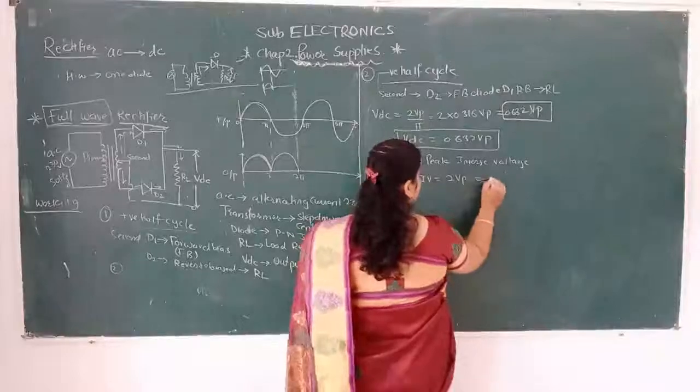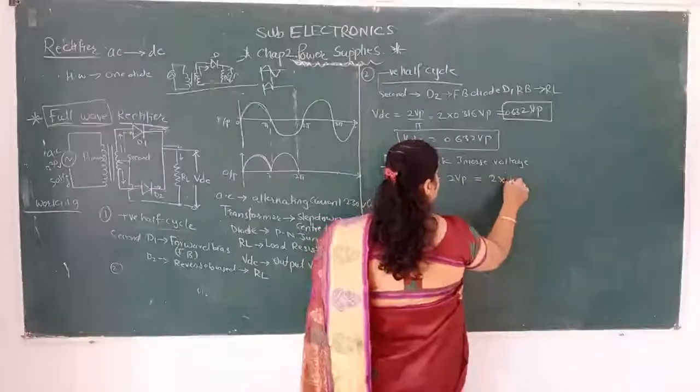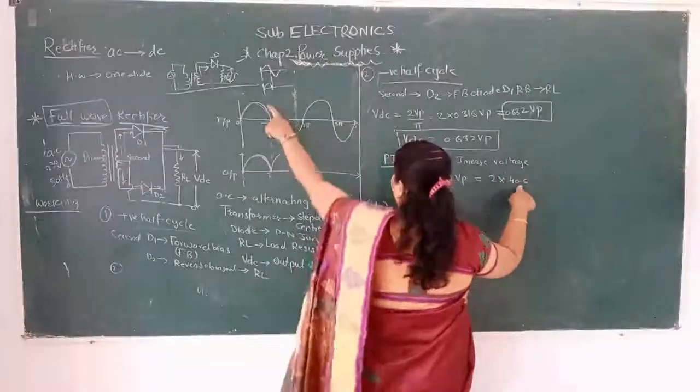Next is efficiency. Efficiency is 40.6% in the half wave rectifier.